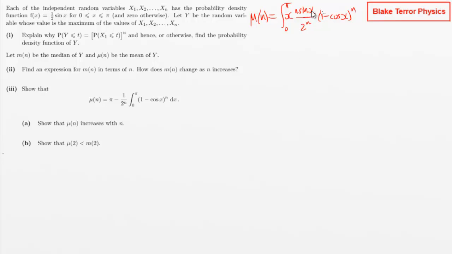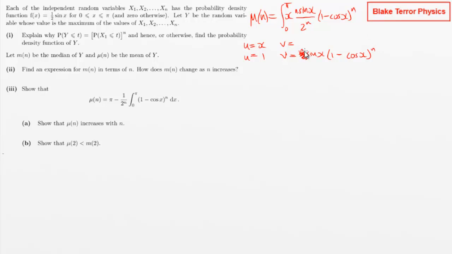And actually, that's nicely set up for parts, isn't it? Because we've already differentiated most of this without the x. So u and u dash, we make that x and 1. Our v dash can be n sine x, 1 minus cos x to the n minus 1, which means that v is, oh actually no, I do need the n because the n's coming from the power, isn't it?